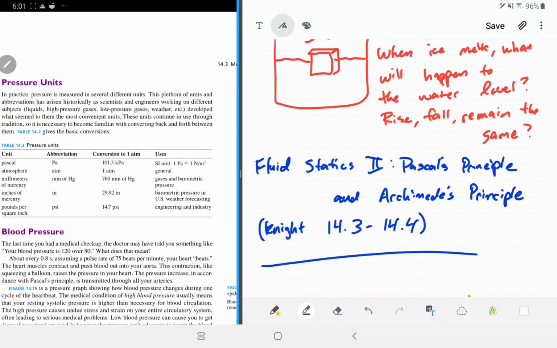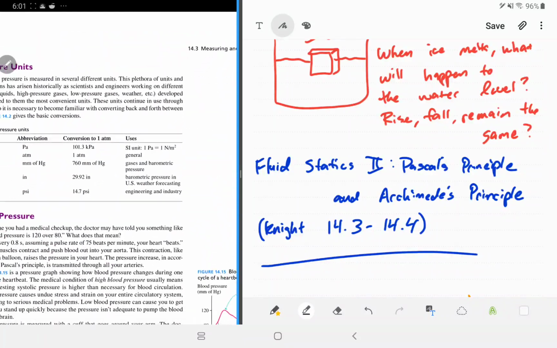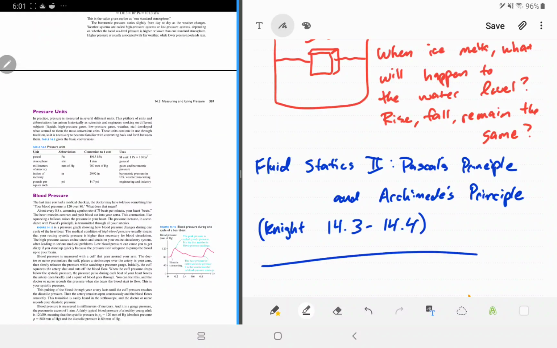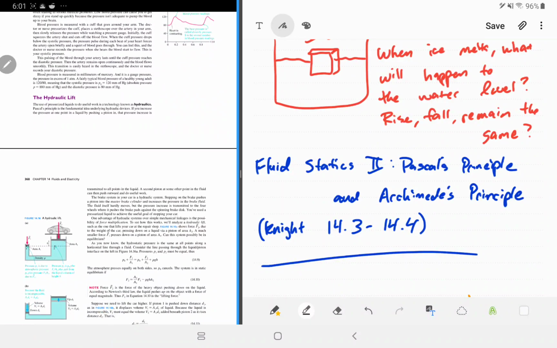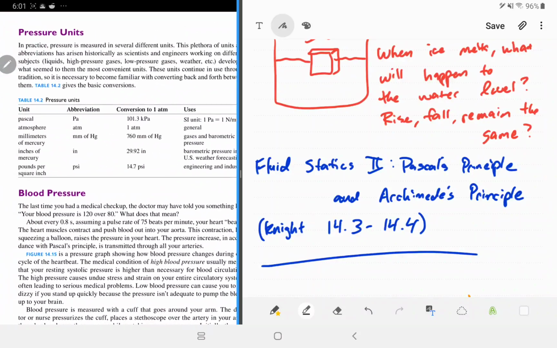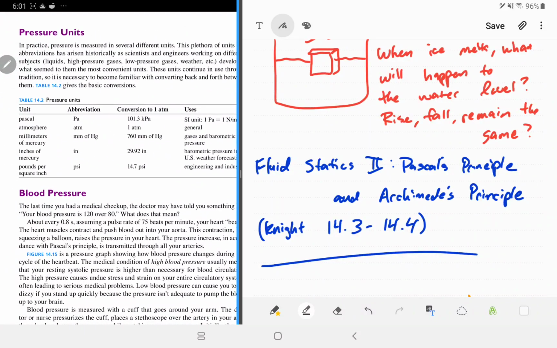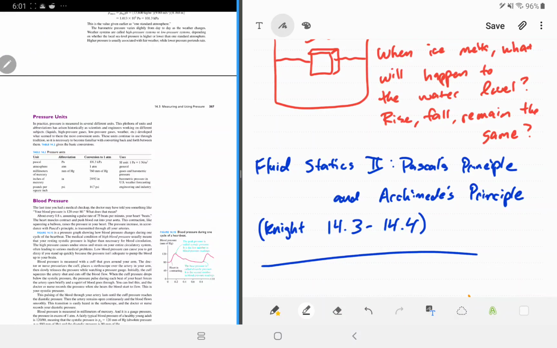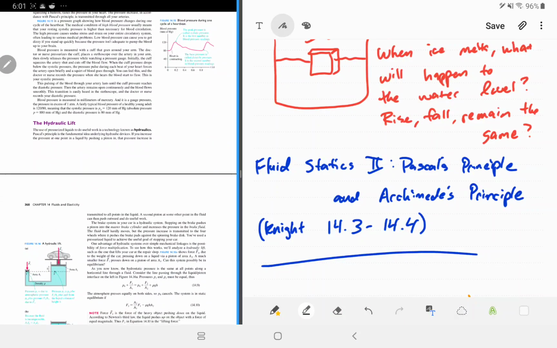So this is just a practical way of measuring pressure. Millimeters of Hg just refers to the actual physical measurement that people are making. You can take a look at some of the other units, but we're going to mainly stick with the 101.3 kilopascals, because that'll be our SI units, and that's equal to 1 atm. We're basically going to ignore the other ones.